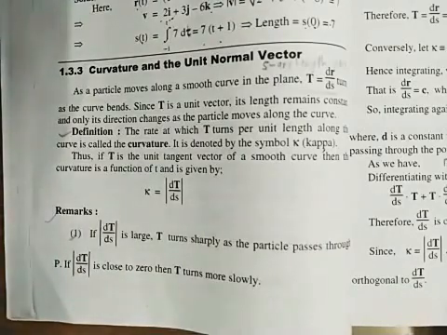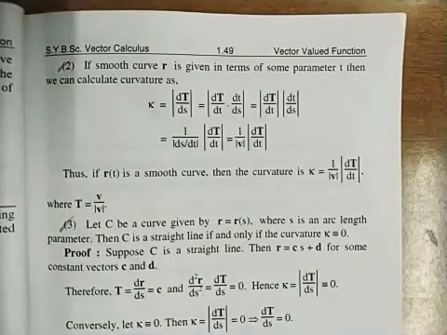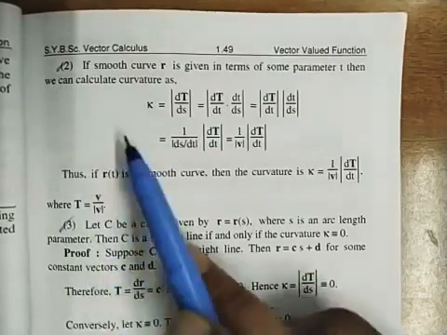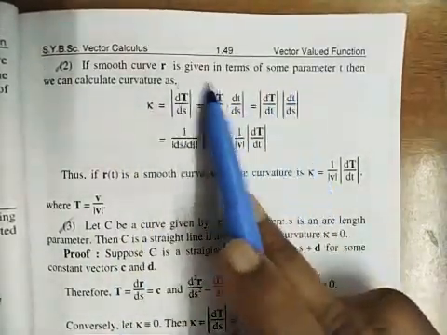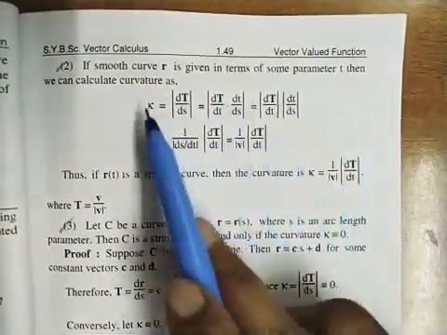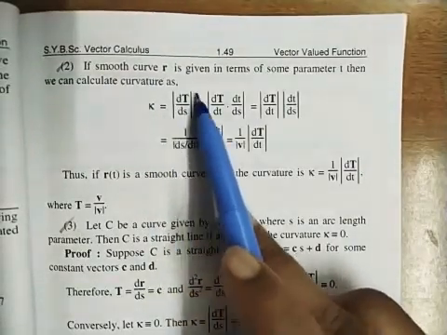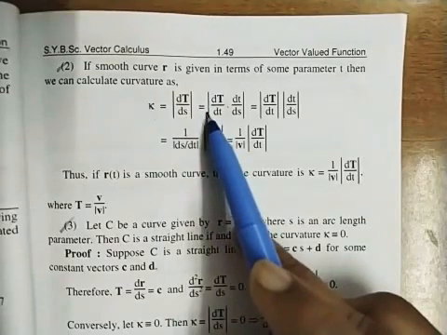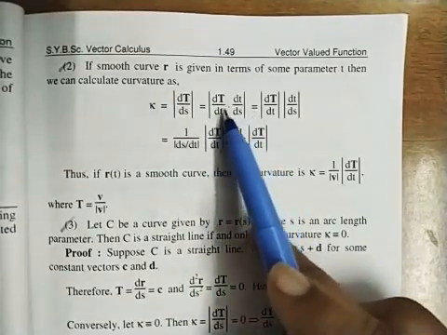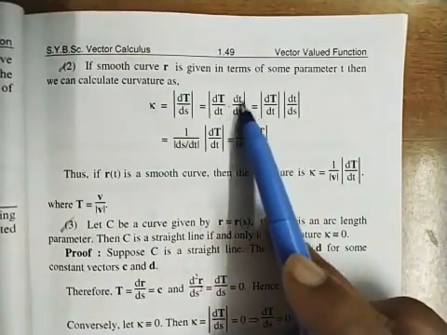Another remark: there is another formula for curvature. If the smooth curve r is in terms of the parameter t, then curvature, which by formula is mod of dT by ds, can be written as mod of dT by dt into dt by ds.